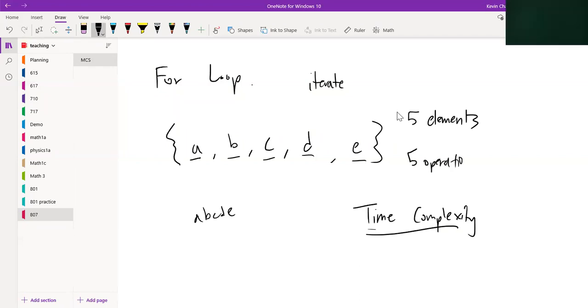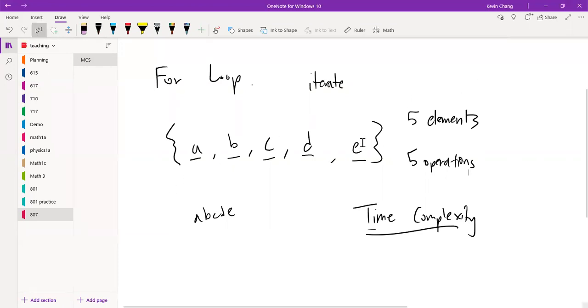That's because each of our operations is we iterate and then we display whatever letter that is. So in the problem I just showed you, we have a time complexity of a linear standard essentially, because we have 5 elements and we're doing the exact same operation. If we had X elements instead of 5, we would have to have X operations. So this is a kind of a linear output.